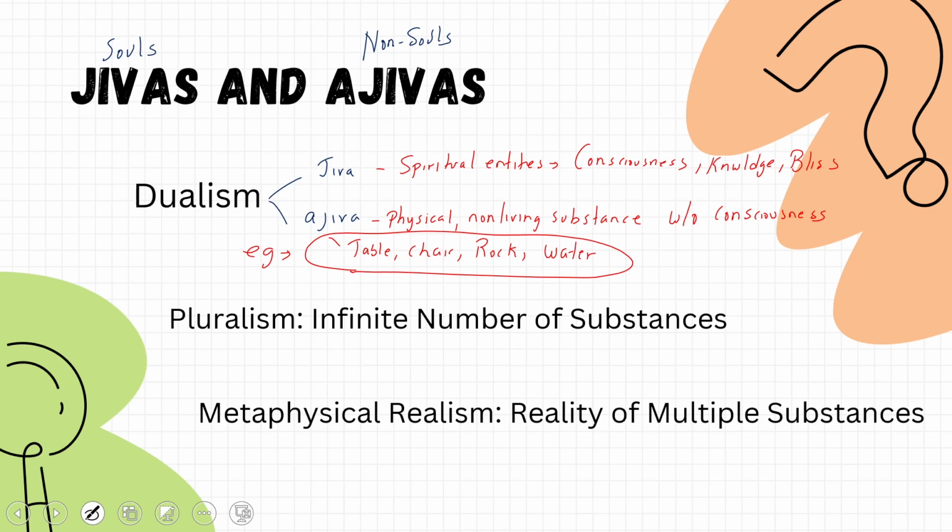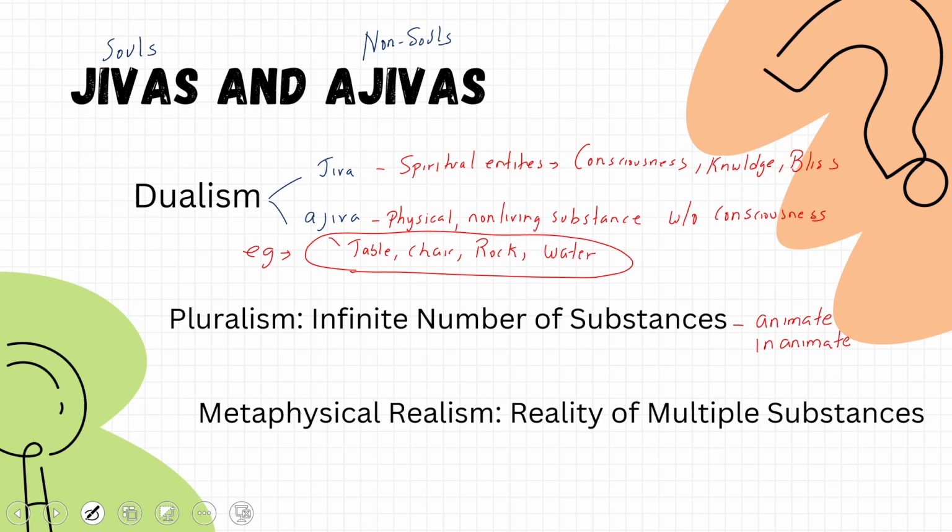So next is pluralism. That means it has an infinite number of substances. Jainism recognizes in a way both animate and inanimate substances.